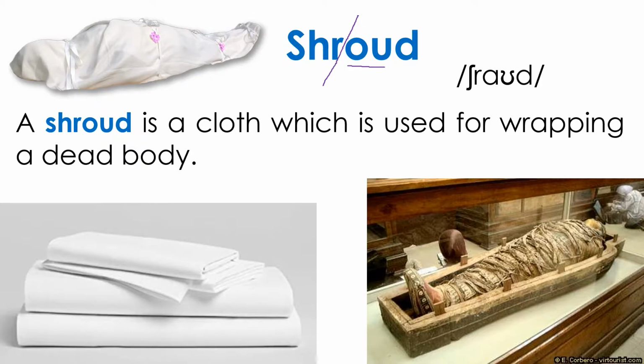But when you have SHR, this SH is said like sh. But this one is not gonna be ode, it's gonna be ow, shroud. Alright? A shroud is a cloth which is used for wrapping a dead body.